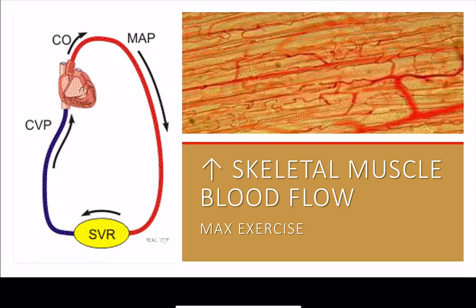But when it comes to maximal exercise, we can still increase total skeletal muscle blood flow through the increased maximal cardiac output, the increased number of capillaries, the increased cross-sectional area of large and small arteries, and we can preferentially move blood to active tissues away from non-active tissues.